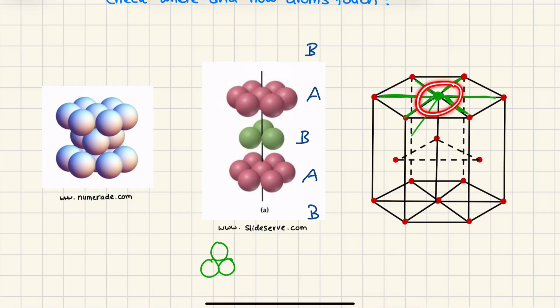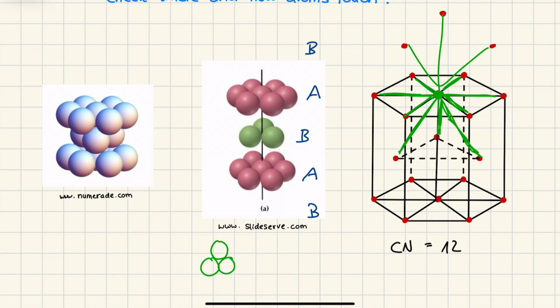That corresponds to this one, and this one, and also to this one, and this one in the B layer above. Adding all of those up, we have 6 nearest neighbors in its own layer, 3 below, and 3 above, which makes 12 nearest neighbors in total. So the HCP structure has a coordination number of 12.